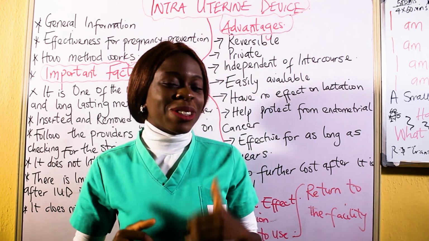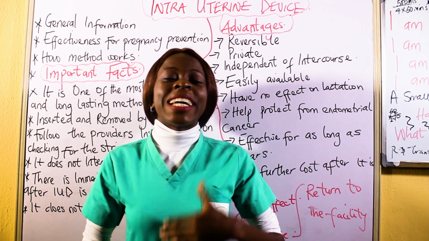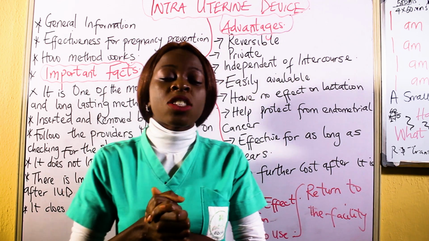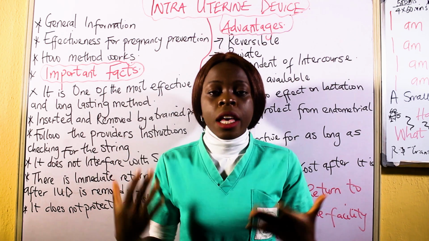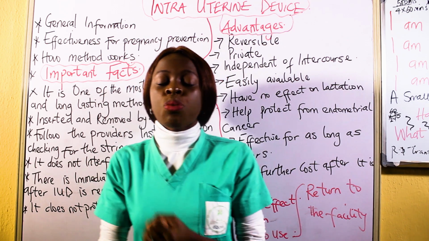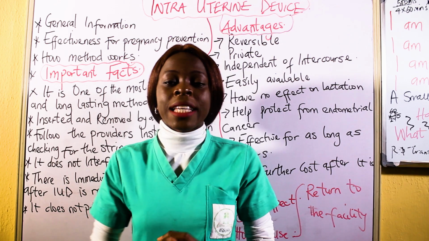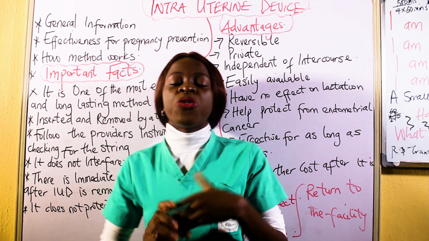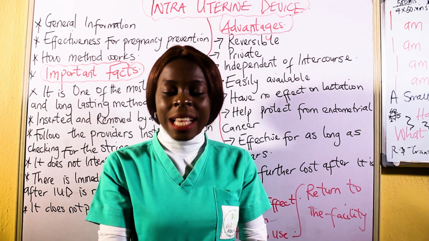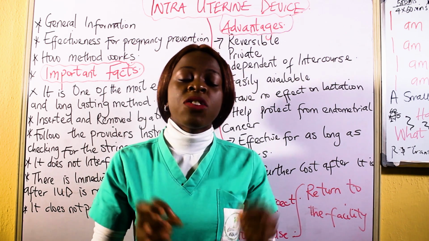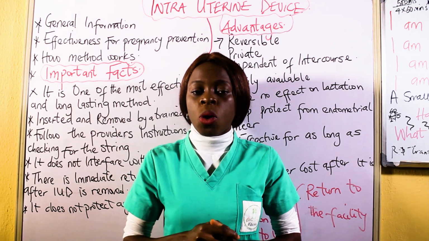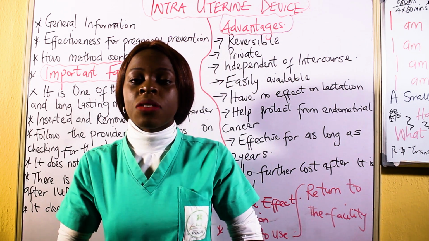You can agree with me that it lasts longer than the hormonal method, which lasts for 2 years. So this can last you for 12 years after insertion. Remember, it's a small plastic flexible device placed into the uterus with strings hanging into the vagina to prevent pregnancy. It is very, very effective.